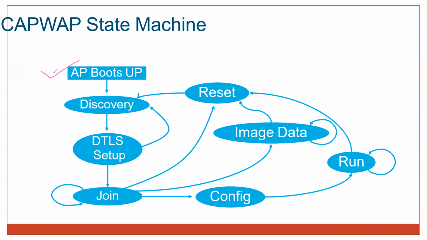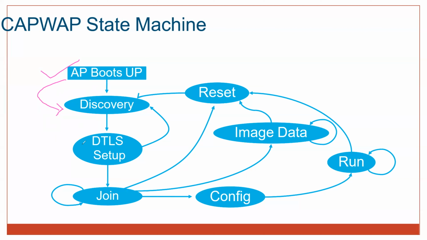So once the AP boots up, it will try to discover the WLC. What we are doing is configuring everything in the WLC. Obviously, these APs need connectivity to the WLC, because once the AP boots, it should get some IP. They should know how to reach the WLC, because if they do not reach the WLC, obviously they will not get anything.